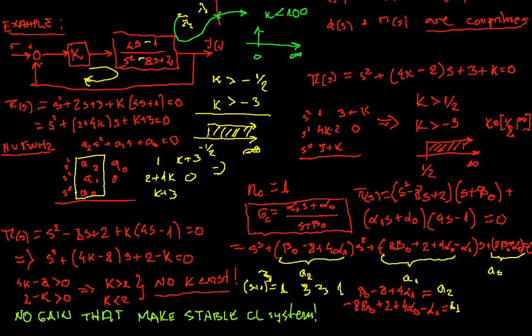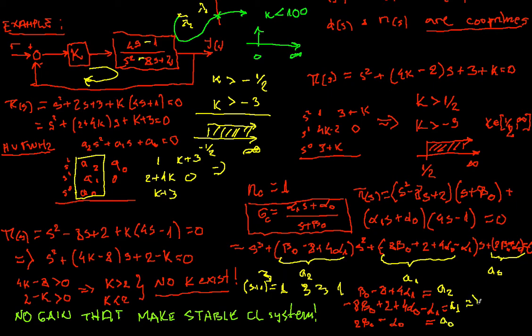Okay, and the last one is 2 beta 0 minus alpha 0 equals again A0.